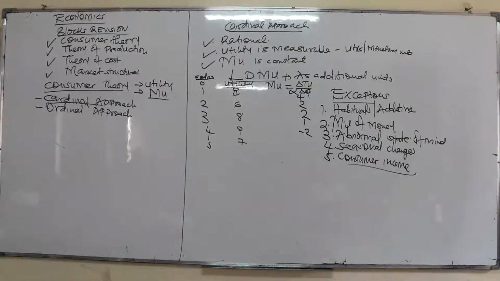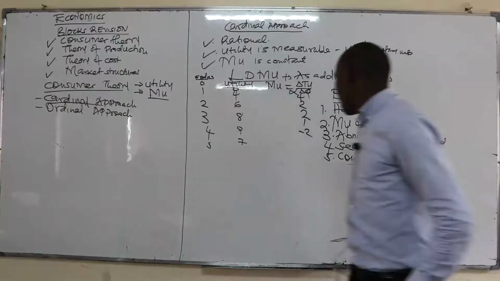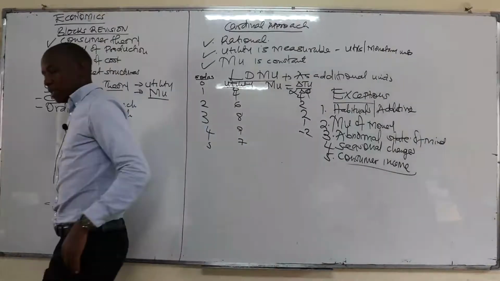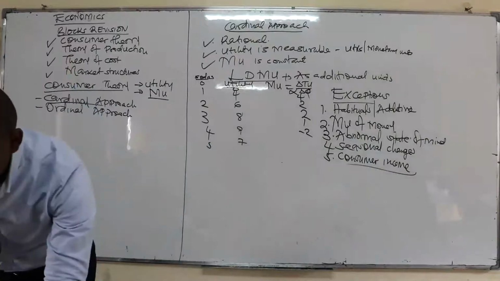Now, the more your income, the more you are consuming the goods. Sindio? Does it mean that your marginal utility is going to decrease? No, inaendelea to increase. Sindio? Because in this case, you are having money to consume an extra units of all those what? Commodities. Sawa sawa. And that is on the law of diminishing marginal utility.